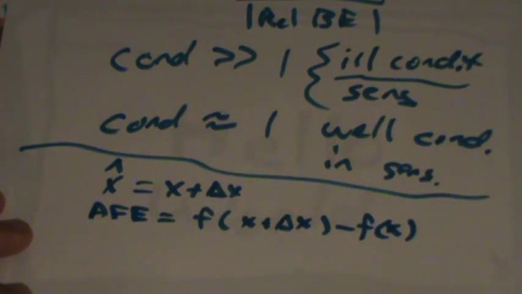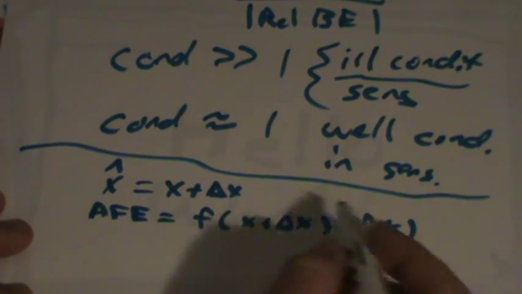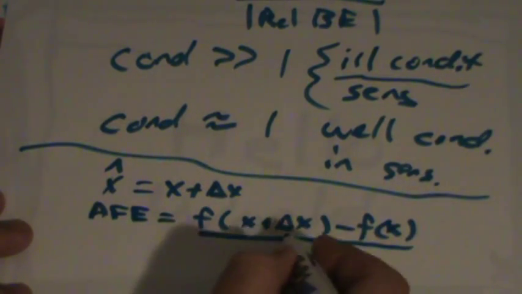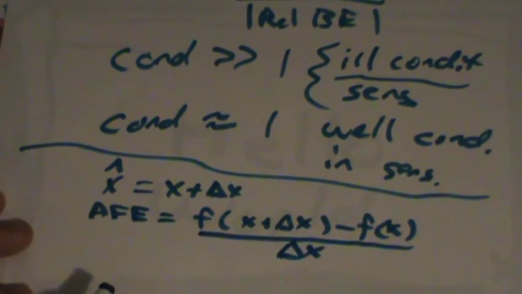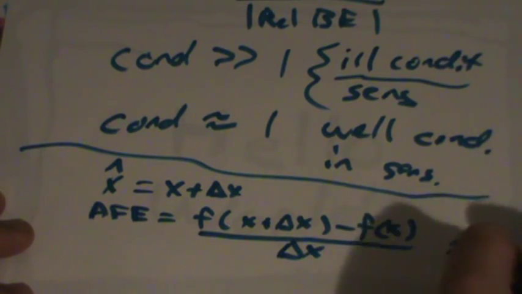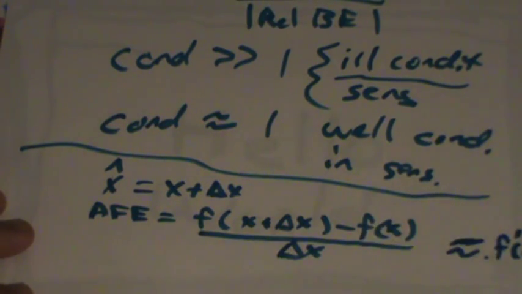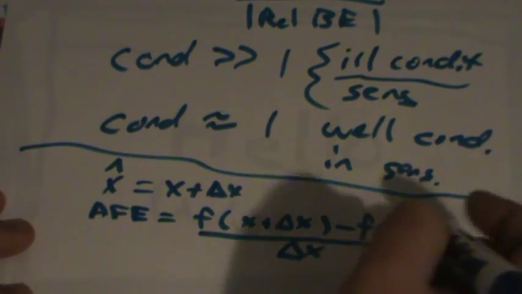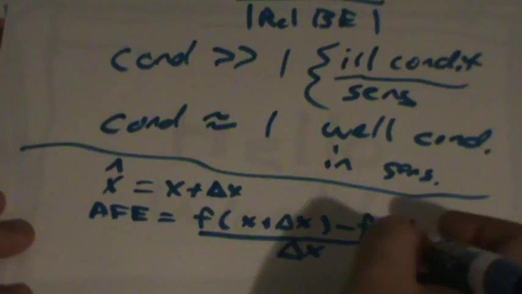Now, if I took this whole expression and divided it by delta x, and took the limit as delta x goes to 0, that would be pretty close to f prime at your point x, the derivative. But it wasn't divided by delta x. You can just multiply both sides by delta x.